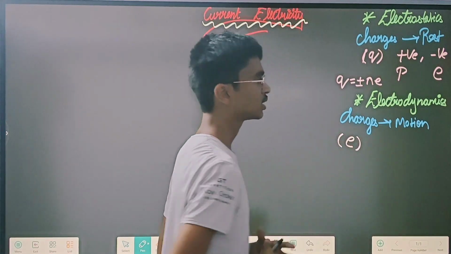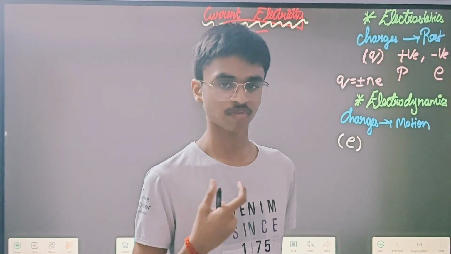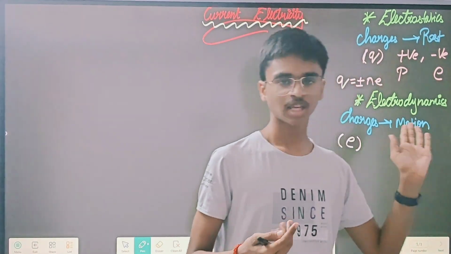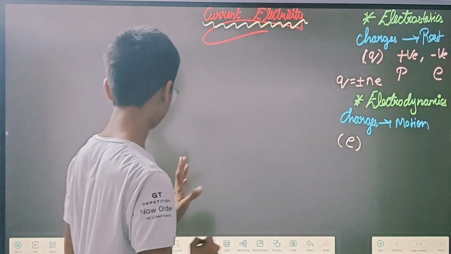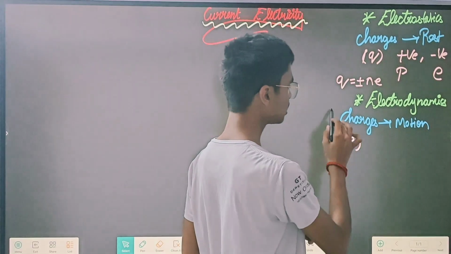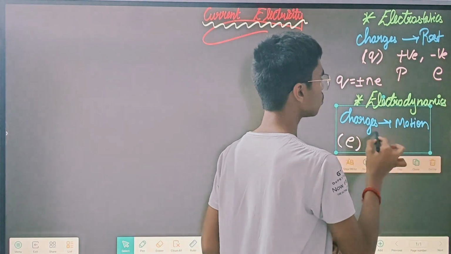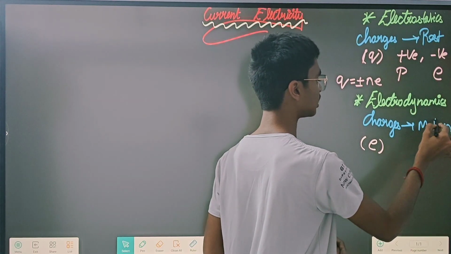The meaning is the same, only the representation is different. Here also there are two types of charges, positive and negative, and also plus or minus Ne. Everything is the same, the only difference is the representation.